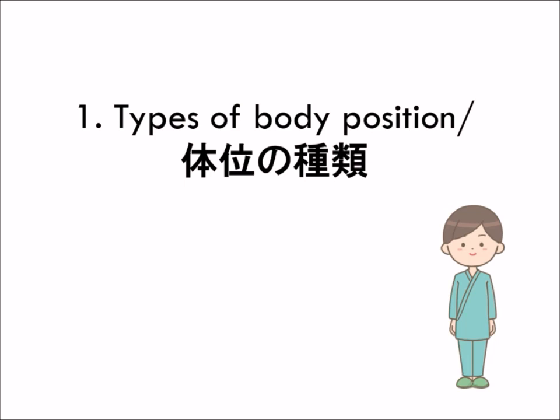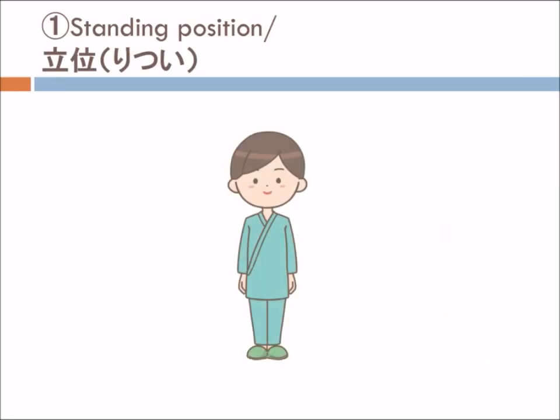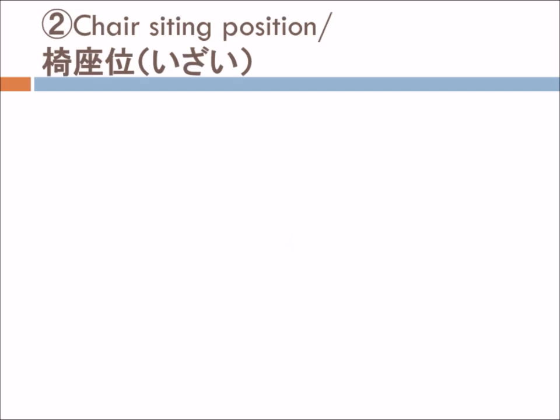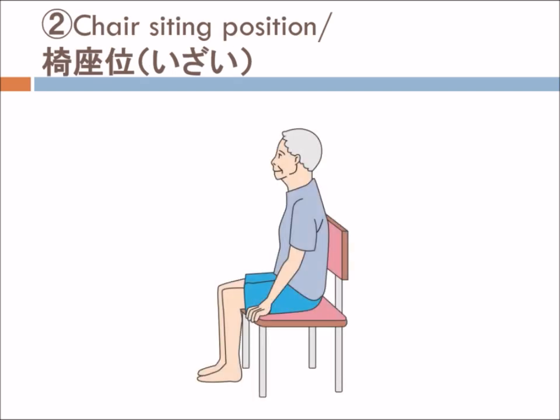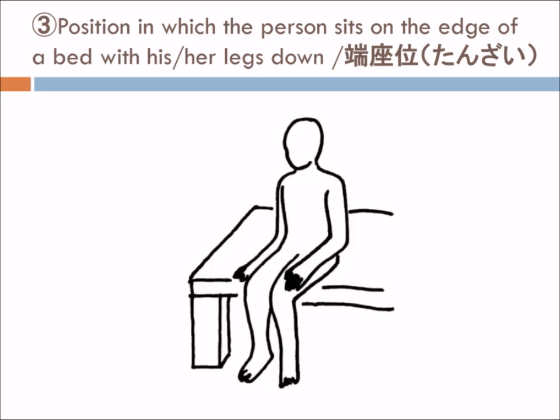The body position can be divided into upright position, seated position, and lying position. Standing position, 立位. Chair sitting position, 椅座. Position in which the person sits on the edge of a bed with his or her legs down, 短座.